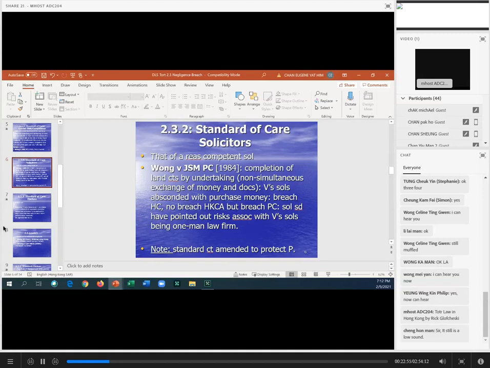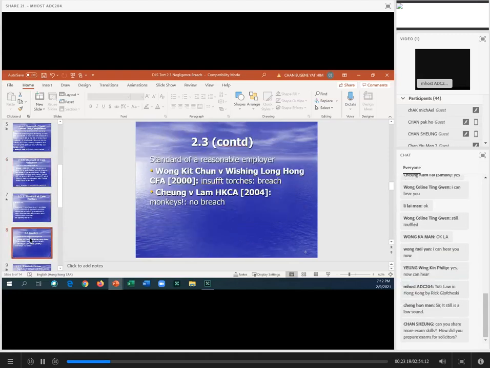The normal practice in Hong Kong is completion by undertaking. But the Privy Council said, no, no, no. The young lady should have pointed out the special risk associated with the vendor solicitor's firm being a one-man law firm. Okay? All right, so that's Wong and JSM. A good one if you ever get to be practicing as a lawyer, and I hope some of you get that far. Okay, so that's the Bolam test, got that one.